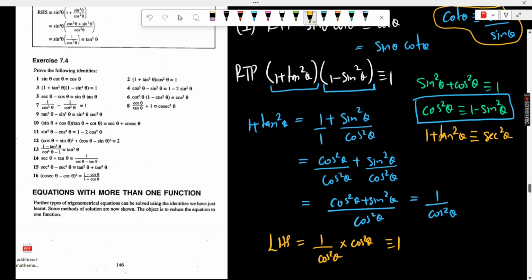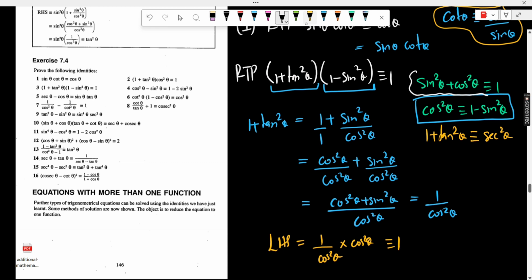All right, so I think you should be able to do number 4. Try number 4. Number 4 says, prove that cos square theta minus sine square theta is equivalent to 1 minus 2 sine square theta. And I want to suggest that you will have to use some variation of this one.